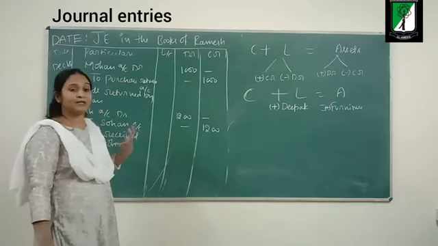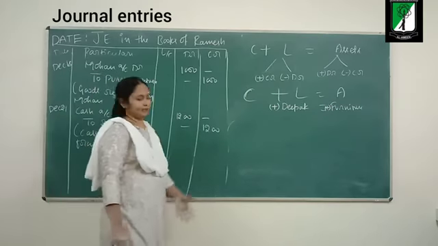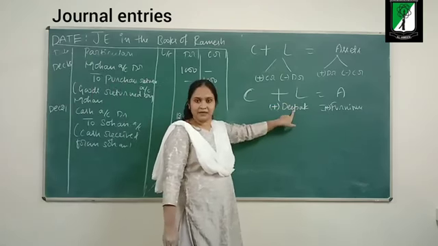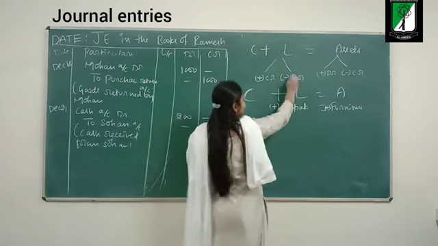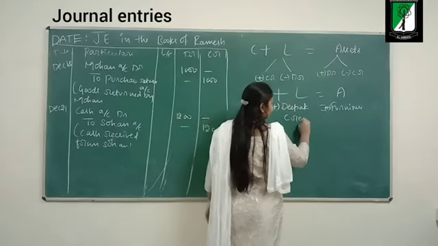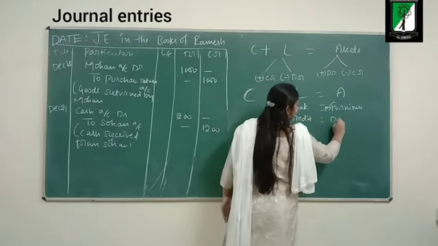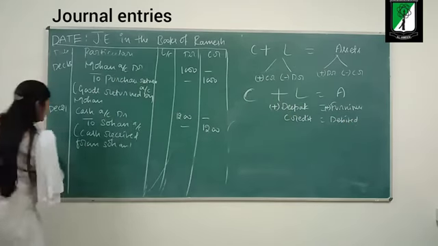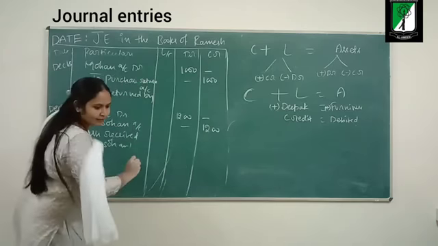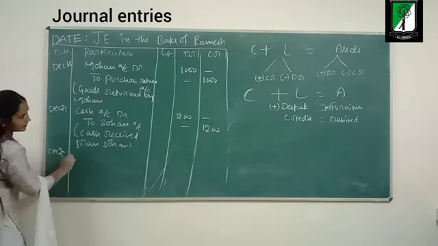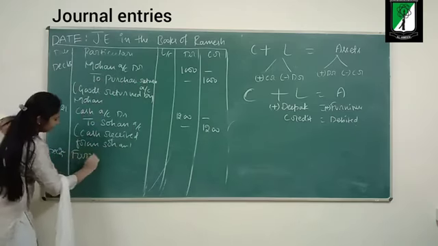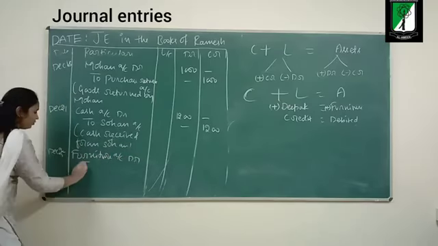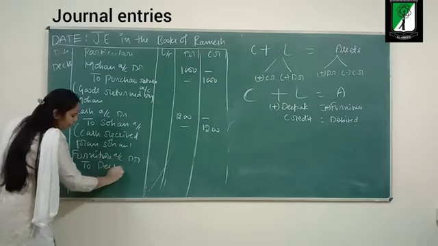Because the business is purchasing furniture on credit, it has resulted in the creation of a liability. Deepak is a liability. Increase in liability should be credited. Increase in asset should be debited. So what is the journal entry? December 25th, last transaction. Furniture account debit to Deepak account.